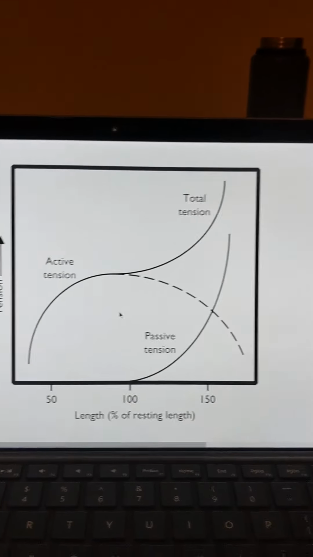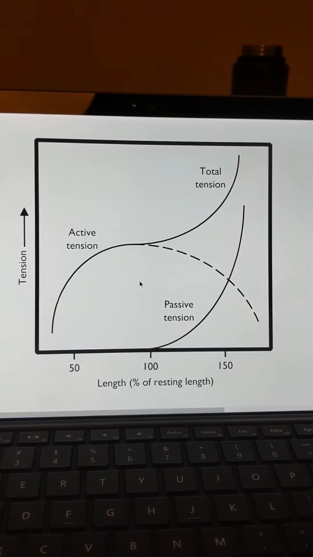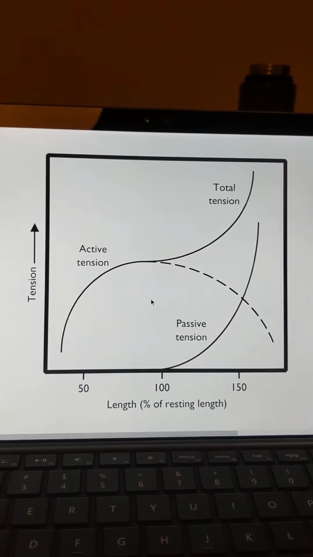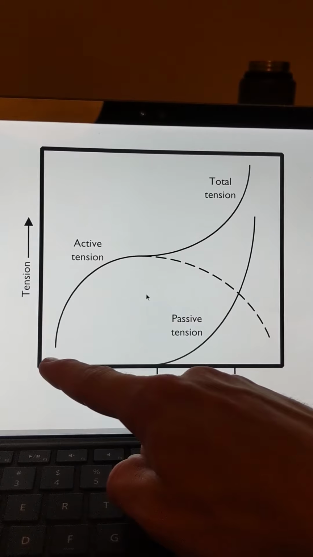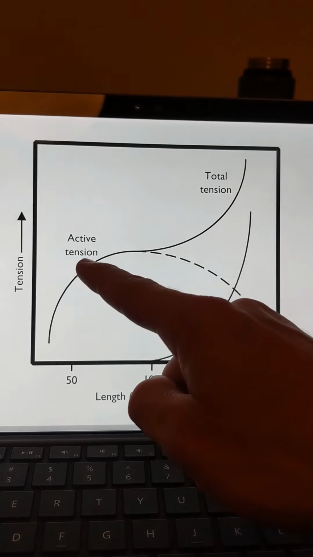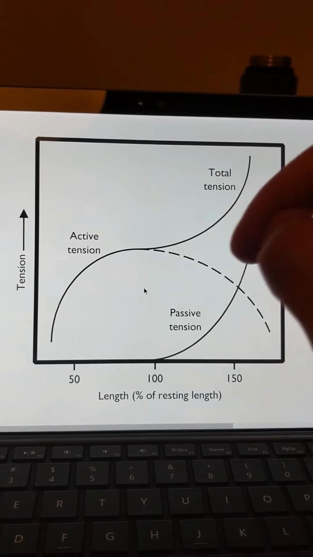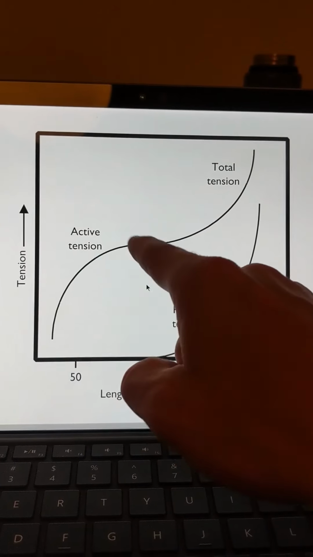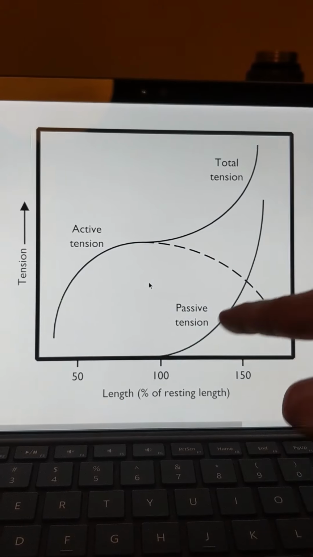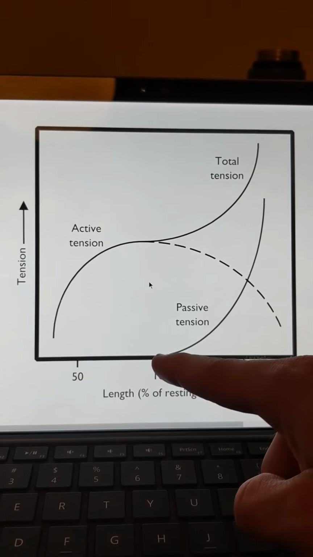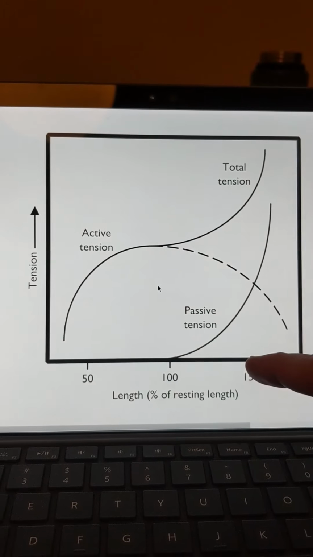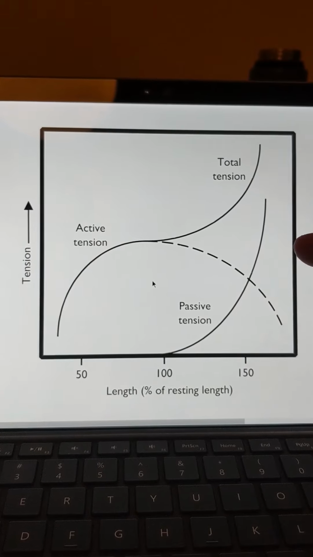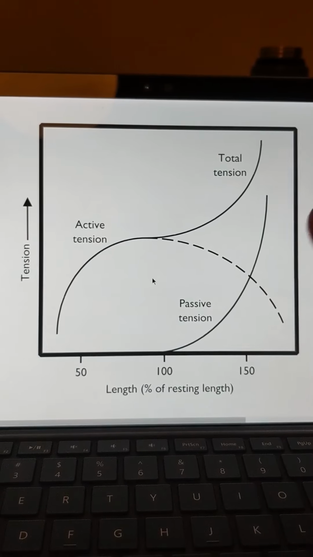So why is this thing important? Well, basically, with this active tension here, this is what your muscles can generate, okay? As you're moving out of an absolute shortened phase to a more lengthened phase, you're having to generate more tension. That's what this is saying. So that's active tension. This is also saying, with passive tension, as you move from your absolute resting part to a more stretched part of where the muscle is, then this passive tension starts to build, all right?